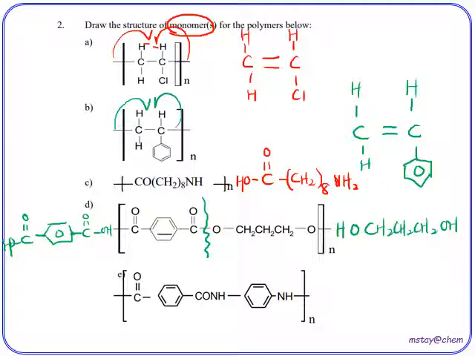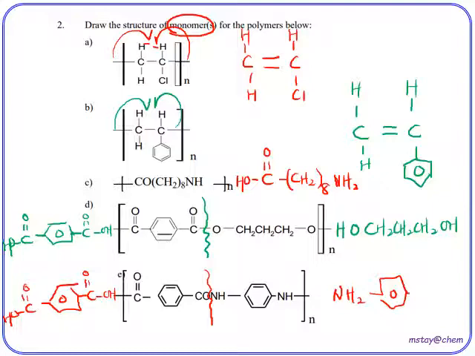Then for the next one, the bond will break between C double bond O and H. In this case, we will get the same product as well, C double bond O, OH. This one is also C double bond O, OH. And then this one will be NH2, benzene ring, and then NH2. Okay, so these are the answers for question number 2.